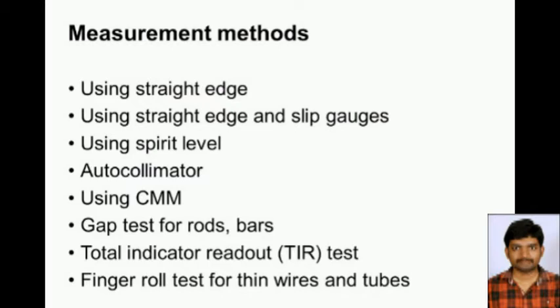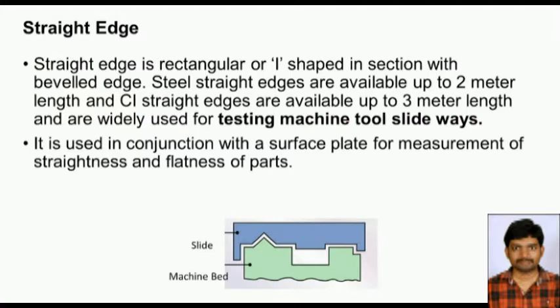So we will learn some of these methods. Now, by using a straight edge, how to check the straightness? This straight edge is a rectangular or I-shaped device with a beveled edge.